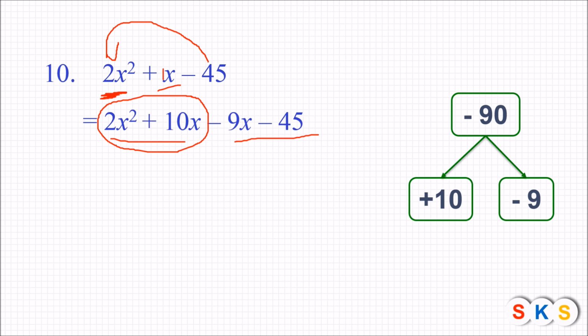So the common in this group is 2x. And what will be left here? If I take 2x as common, here one of the x will be left, and here what will be left? 5 will be left.